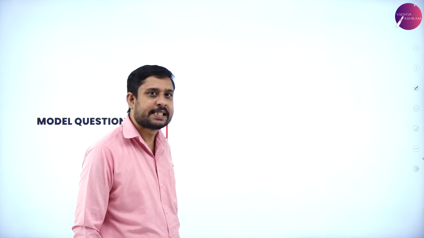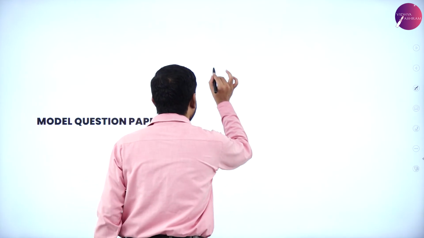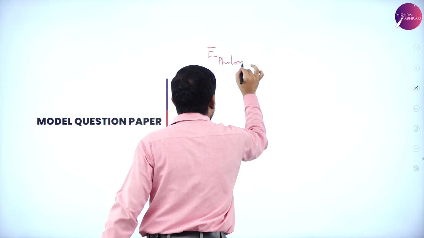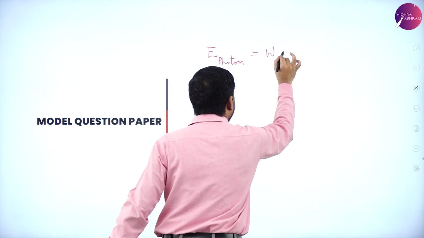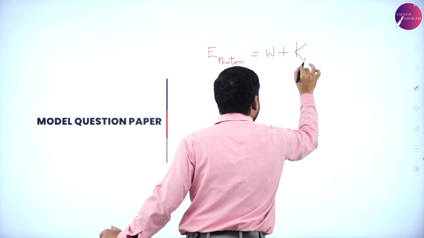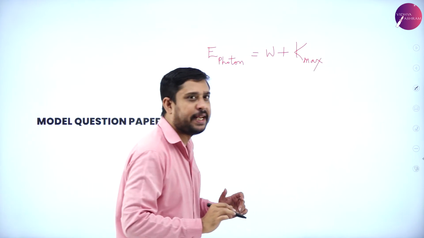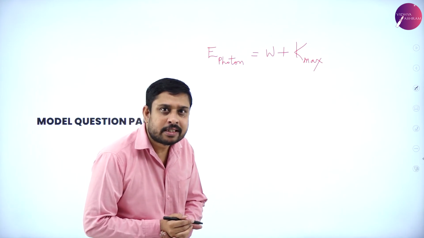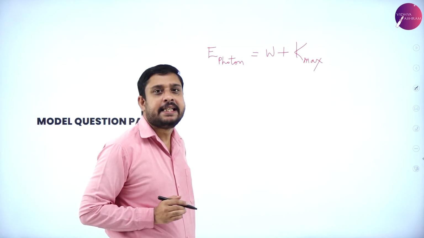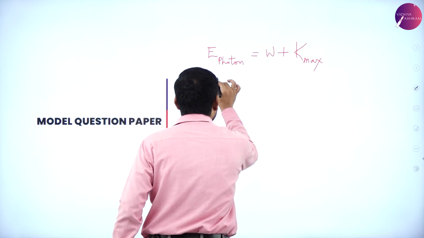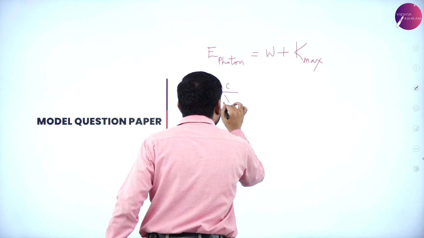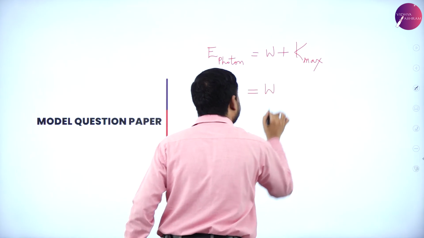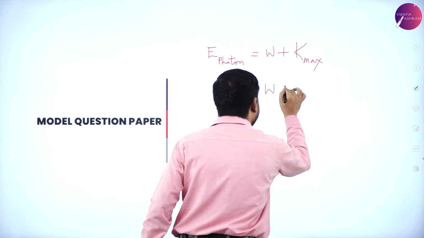I refer back to Einstein's photoelectric equation, where the energy of the photon is work function plus maximum kinetic energy. The question is in terms of wavelength, so energy of the photon is hc by lambda. I keep the work function as it is because it gets cancelled.